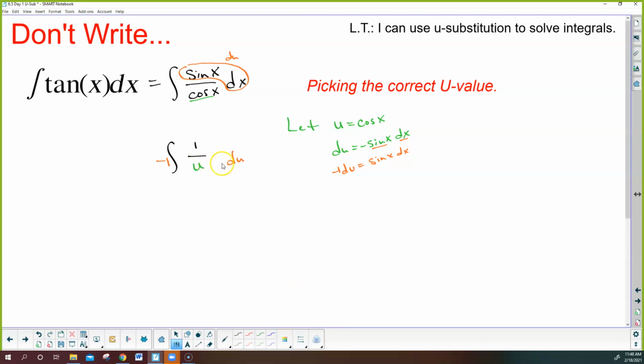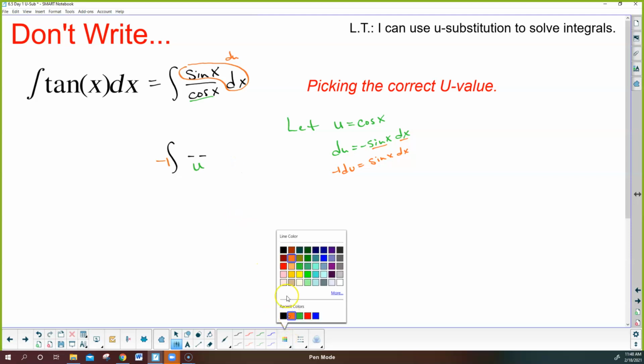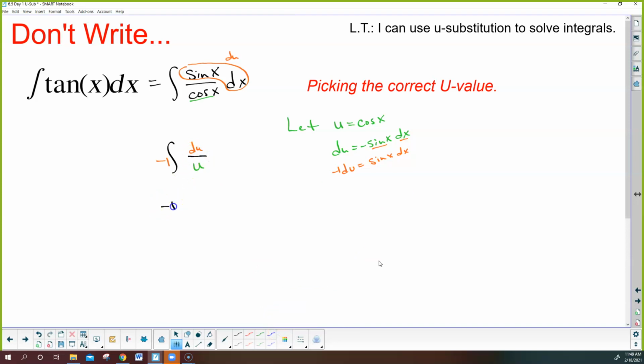Now, I do want to show you this. Sometimes it can be rewritten where the du, instead of written down there on the side, they just put du up top. If you see that, I want you to just think of that as 1 over u du. You can always push the du off on its own and just put a 1 up there.